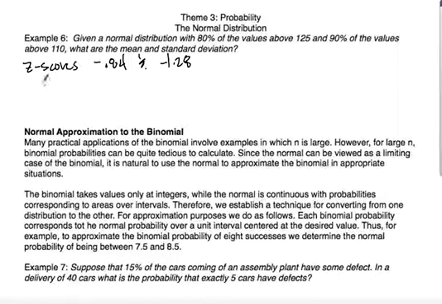So for the first one, 125 minus whatever the mean is over the standard deviation is equal to negative 0.84. For the other one, 110 minus whatever the mean is over the standard deviation is equal to negative 1.28.